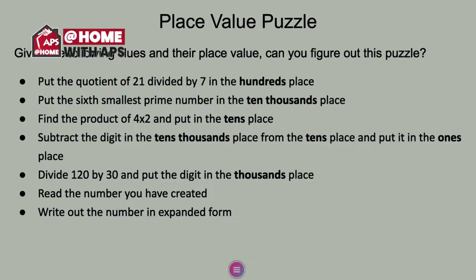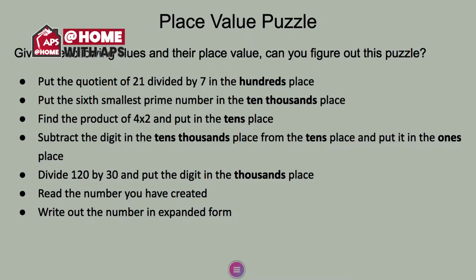Put the sixth smallest prime number in the 10,000s place. Find the product of 4 times 2 and put it in the tens place. Subtract the digit in the 10,000s place from the tens place and put it in the ones place. Divide 120 by 30 and put that digit in the thousands place.